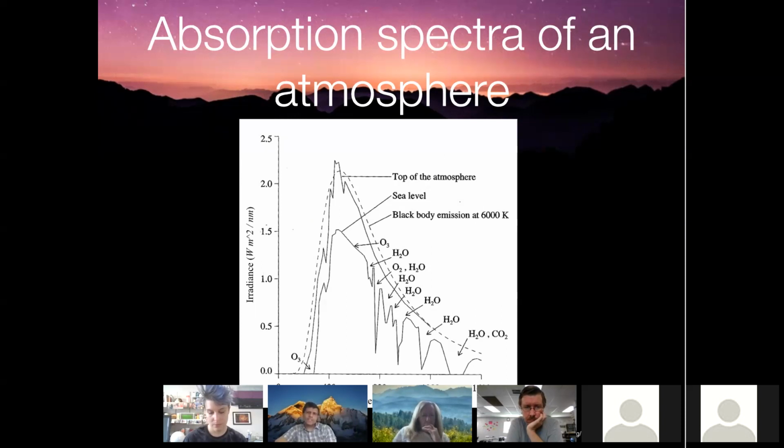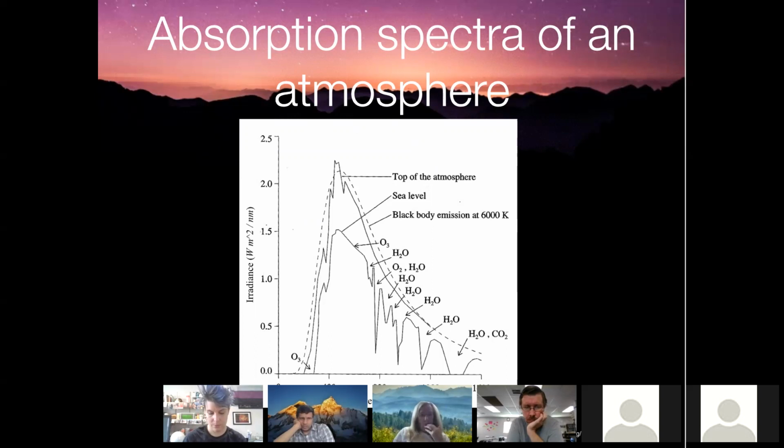And so here I have an example of the absorption spectra, and this is from the lecture tutorial, actually. This is the absorption spectrum of Earth's atmosphere, something that we can certainly measure. On the y-axis, we've got something similar to what we saw with that black body curve, and on the x-axis, we have the same thing again. So we've got intensity or irradiance versus wavelength.